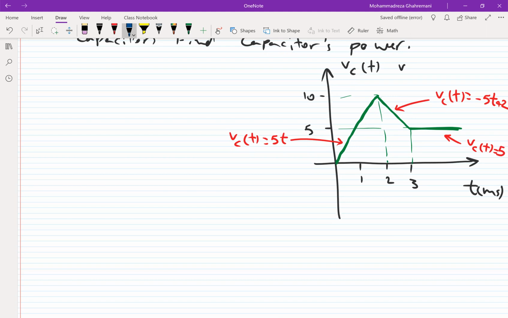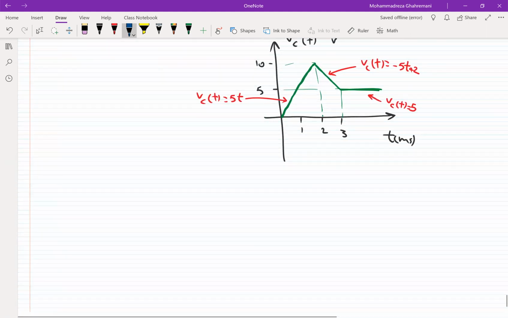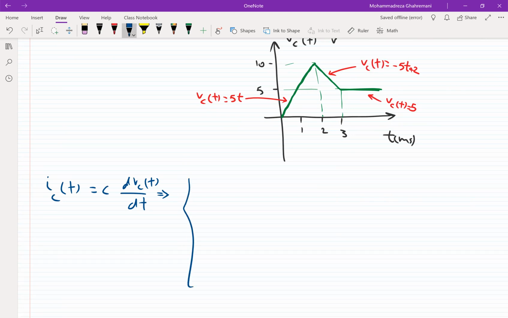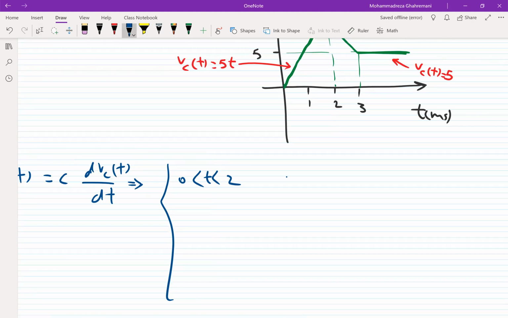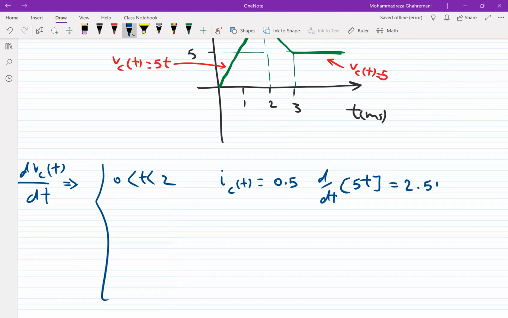We know that the current Ic(t) is equal to C dVc(t)/dt. So for t from 0 to 2, Ic(t) is equal to 0.5 d/dt of 5t, which is equal to 2.5 milliamps.